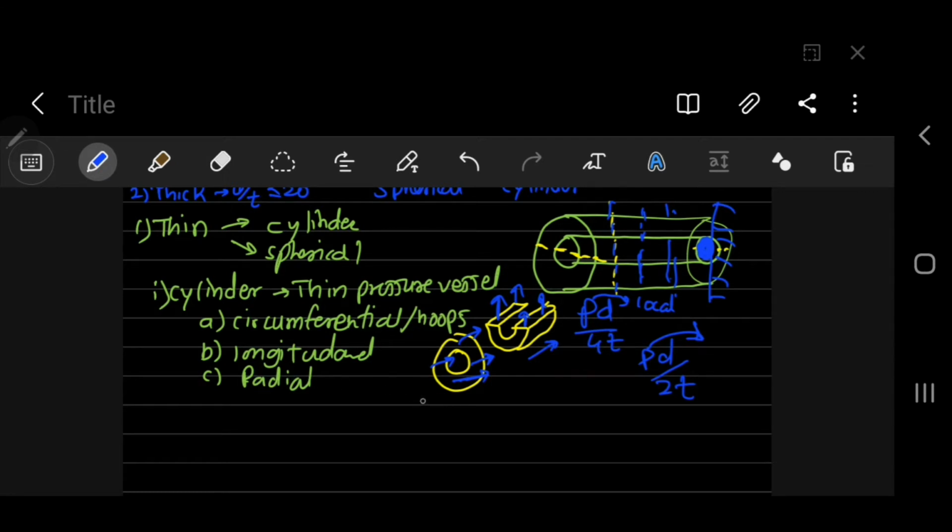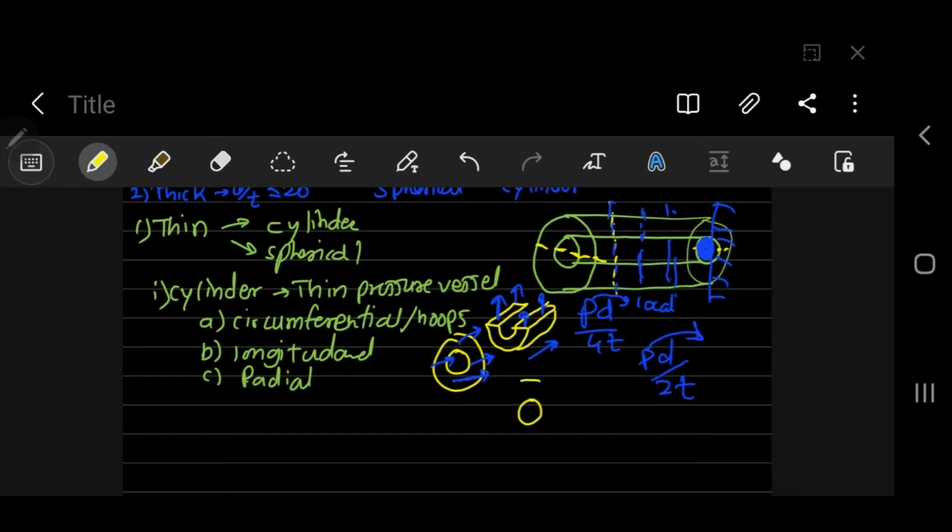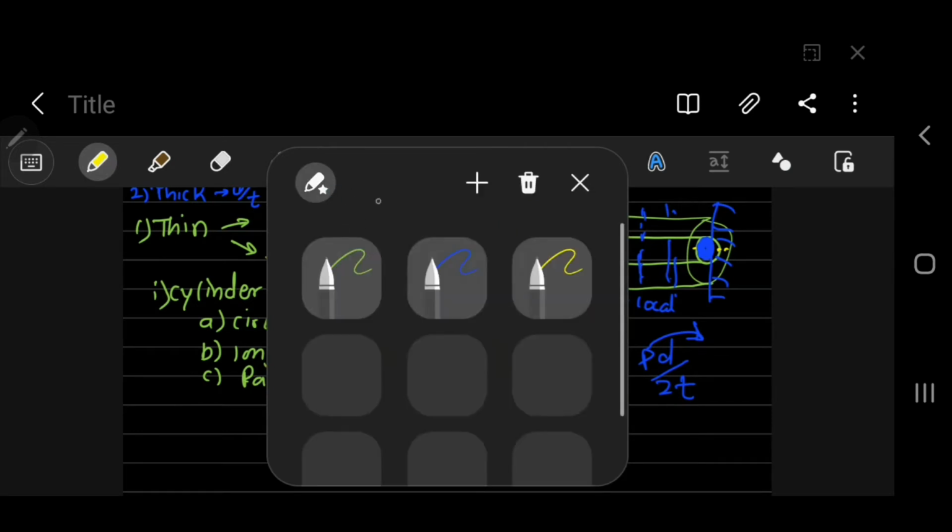Now the third one is the radial stress. We will take the same section as taken for finding longitudinal stress.